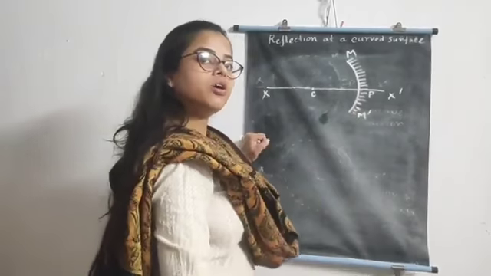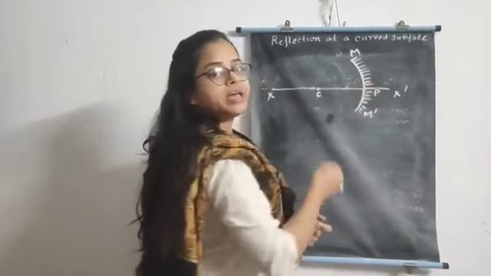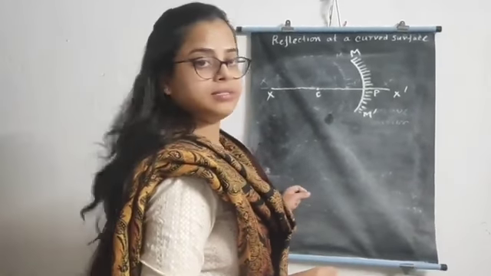M dash is a concave mirror, P is the pole, and X dash is the principal axis.